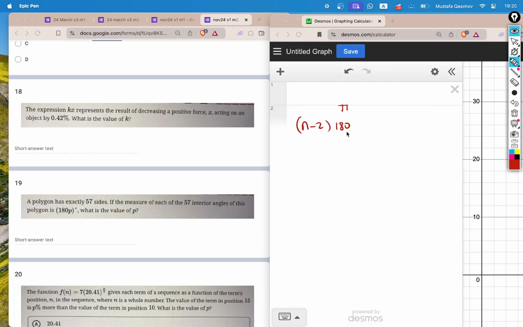So m minus 2 multiplied by 180 divided by n will give us one interior angle. And because we say each, we have to divide it by n. It will be 57 minus 2 multiplied by 180 over 57. So answer is 55 over 57. What's the value of p? It is 55 over 57.